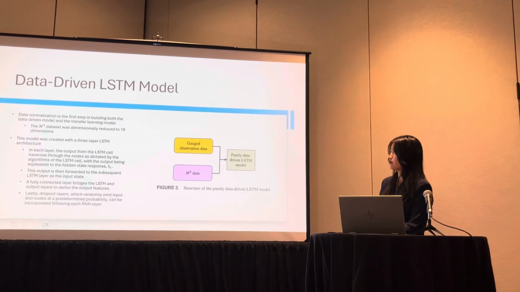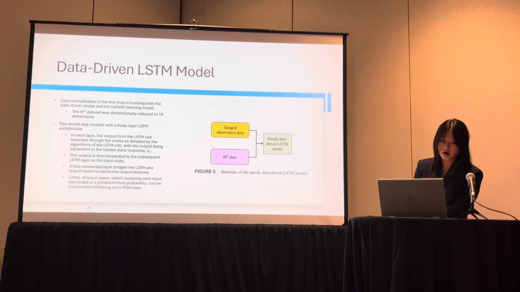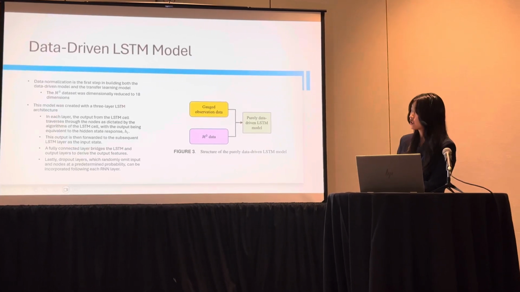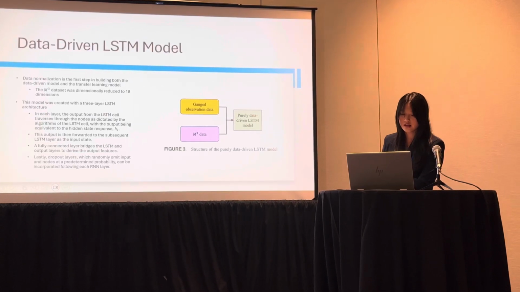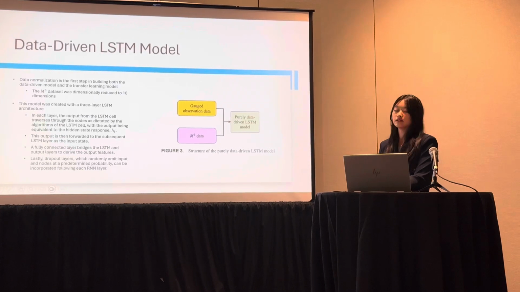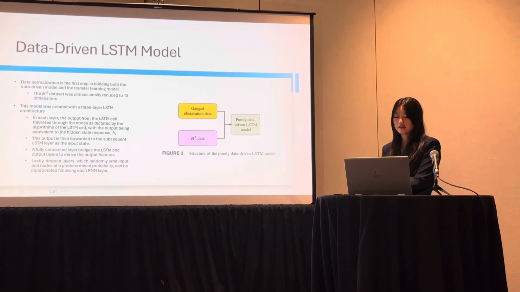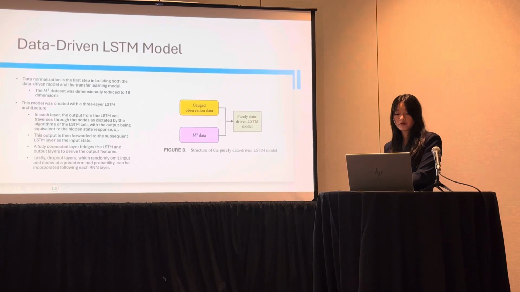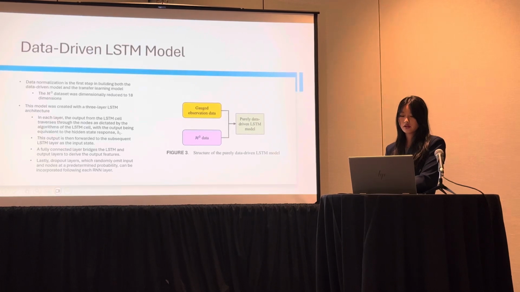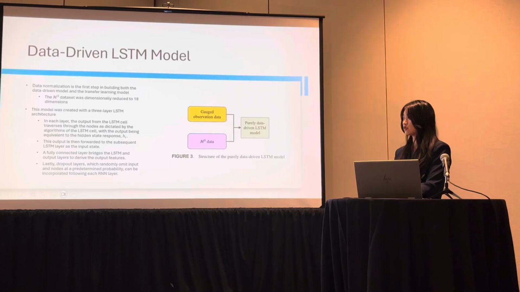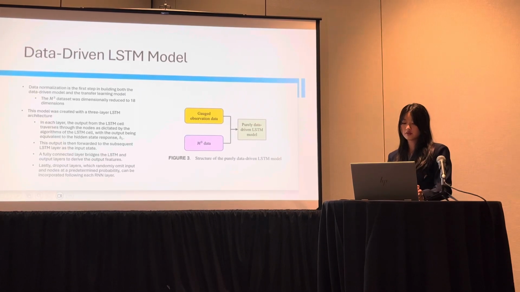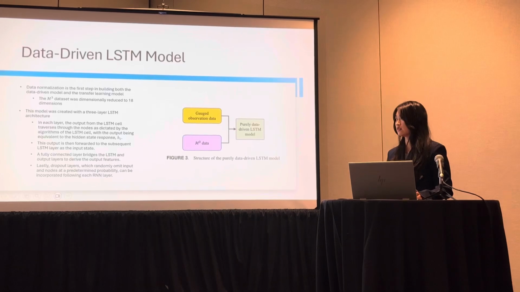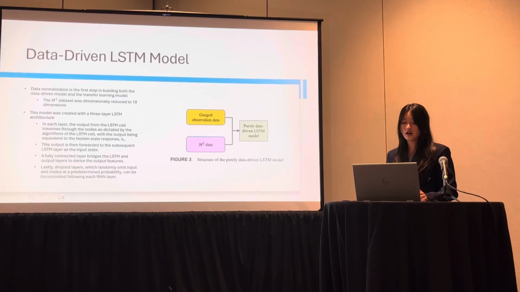Now, the first thing we did was create a data-driven LSTM model, and first we normalized the data by dimensionally reducing the M-cube data set, and then it was created with a 3-layer LSTM architecture. As you know, in each layer, the output from the LSTM cell traverses through the nodes as dictated by the algorithms that you specify, and then the output of each layer is the same as the hidden state response, which is then forwarded to the subsequent LSTM layer as the input state, similarly to the recurrent nature of an RNN.